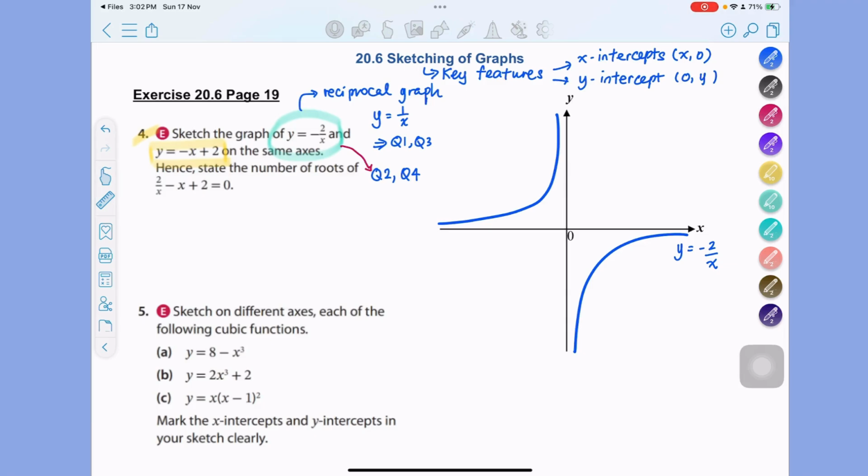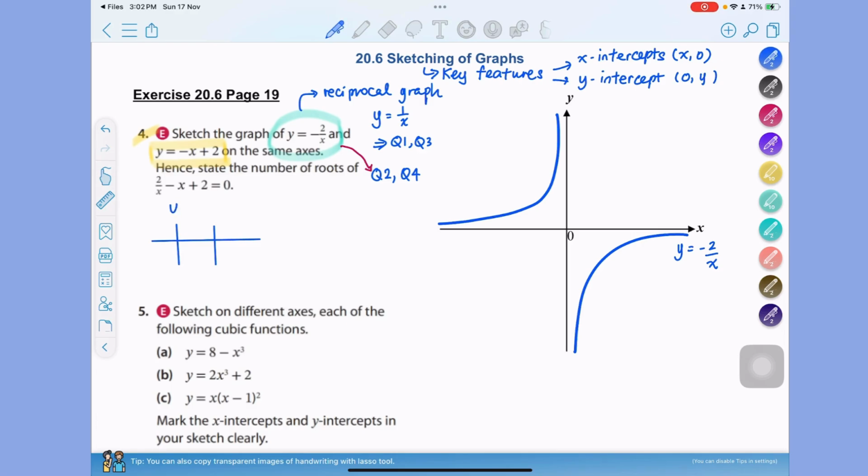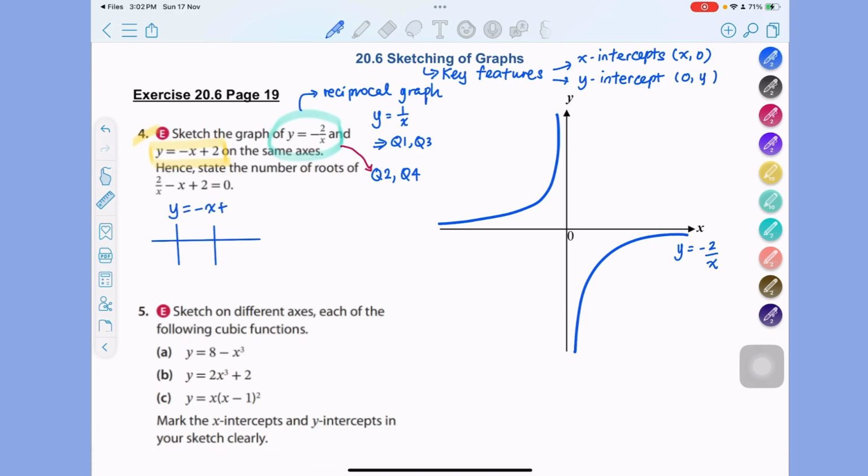The next thing is we need to sketch the linear graph y equals negative x plus 2 on the same axis. To sketch this graph, first of all I will construct a table of values with the x and y intercepts. I will write out the equation y equals negative x plus 2.